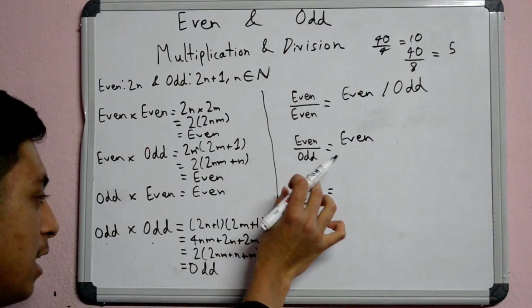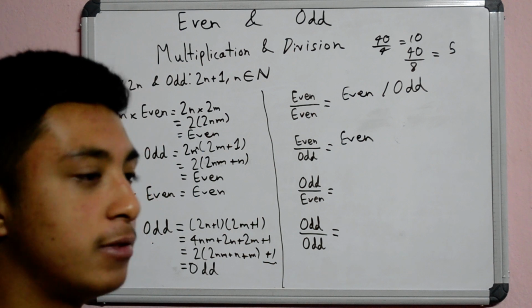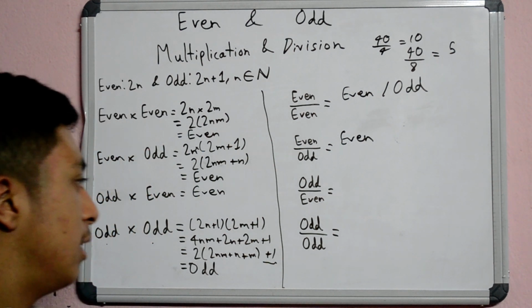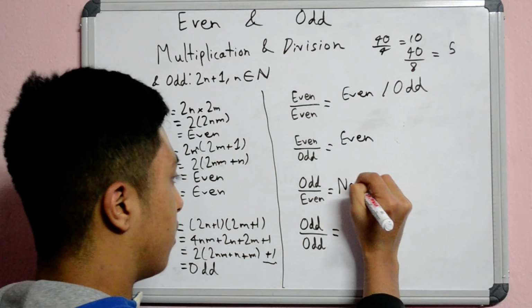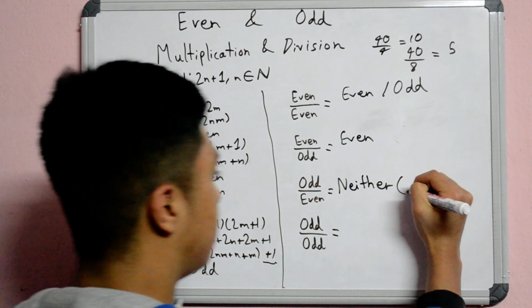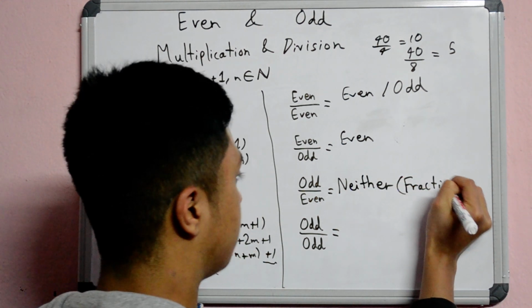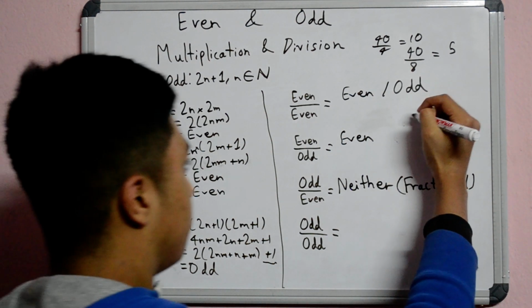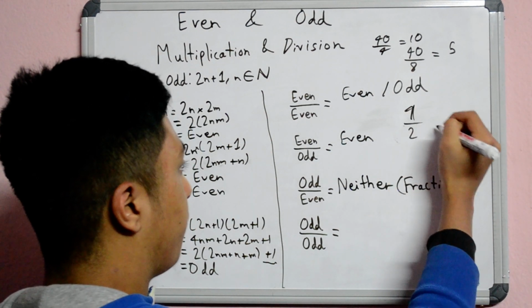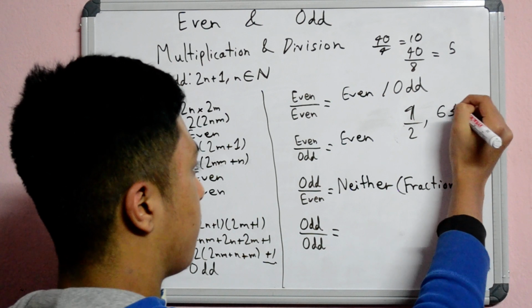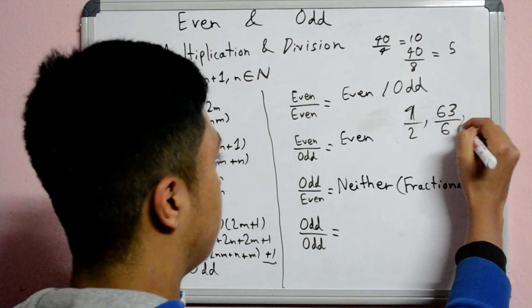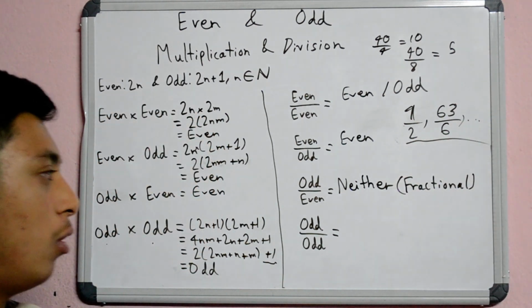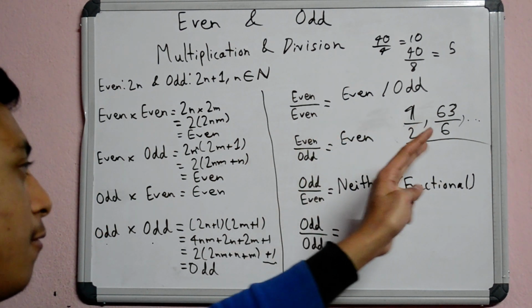So that means there is no odd and even case that gives an even or odd number. So this is in fact neither. So that means this is fractional. It will always give a fractional value. Because if you choose anything, these are all fractional values.